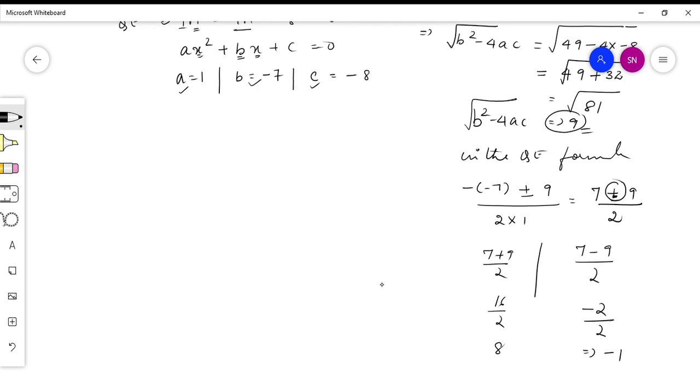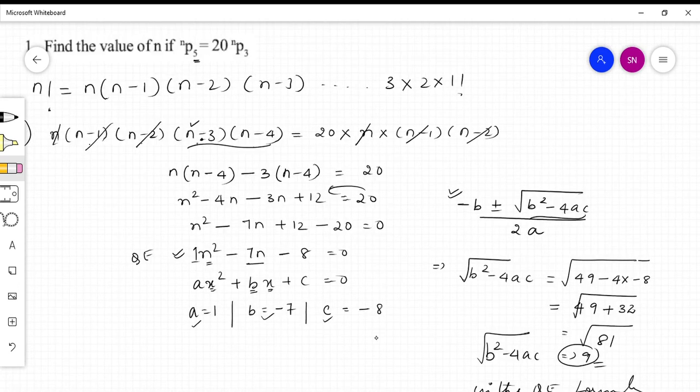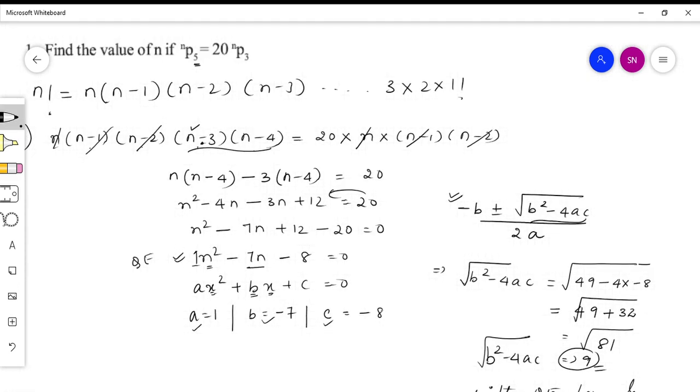So here, what are you finding, by the way? I have substituted in the formula and I have got a certain value. But what is this formula supposed to be for? Usually when the quadratic equation is in the form of ax square plus bx plus c is equal to 0, the variable here is x, so using this formula I will be finding the value of x. But since here my quadratic equation is in terms of an unknown quantity n, instead of x I have n.